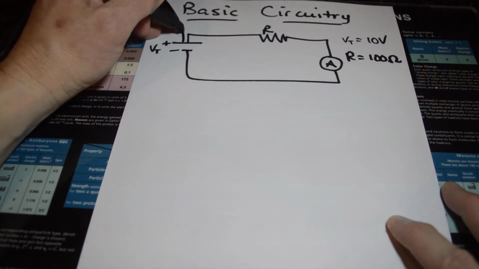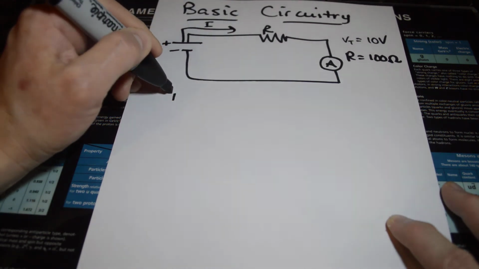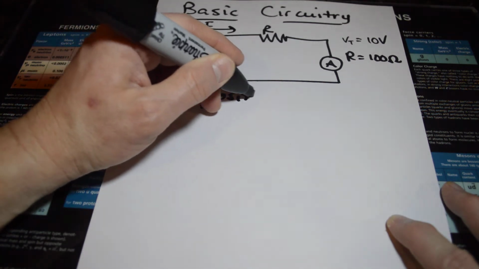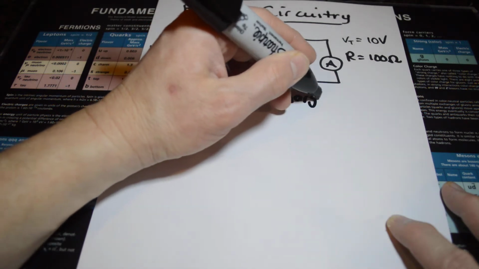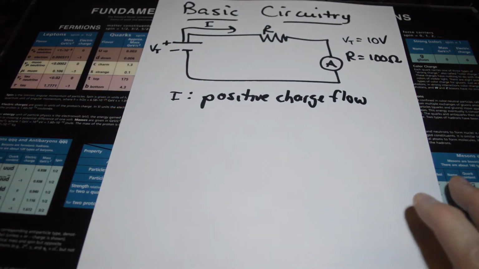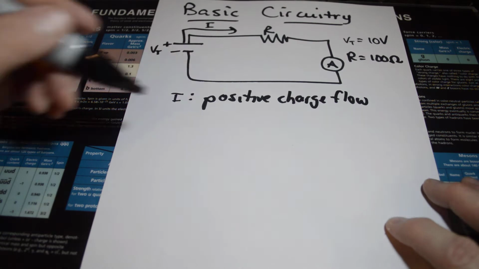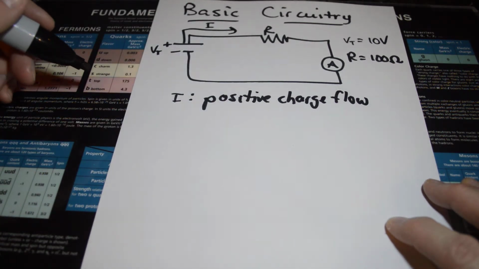Things to define. The current is usually what we refer to as the positive charge flow. Even though maybe in the last unit we always talked about the electrons going in a circuit, moving throughout a wire, we're going to call this the positive charge flow, measured in amps.